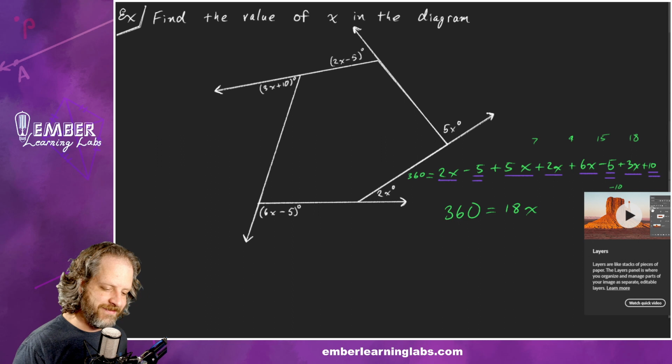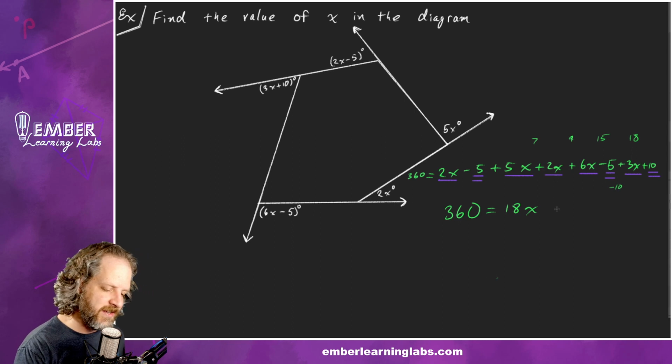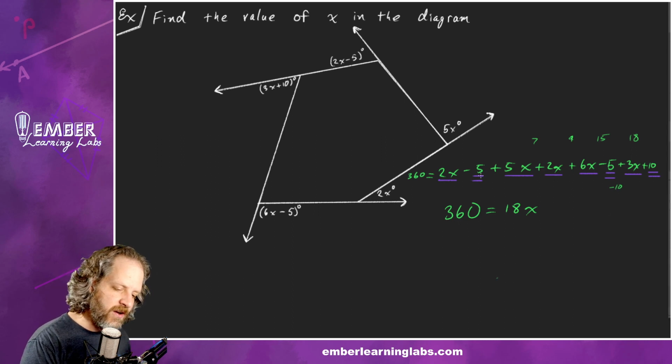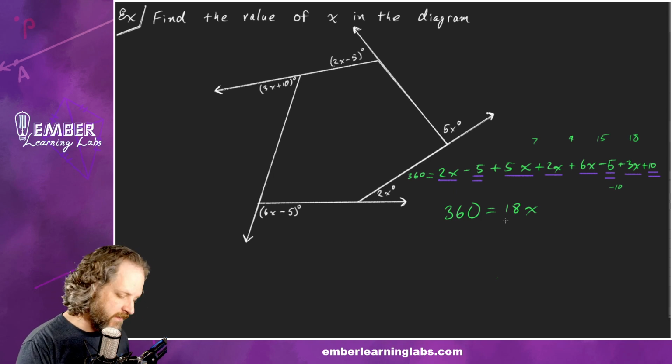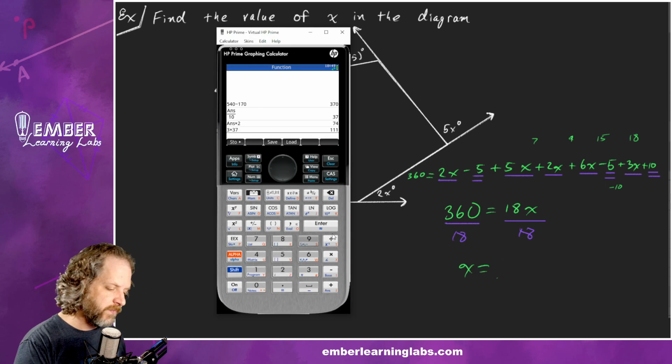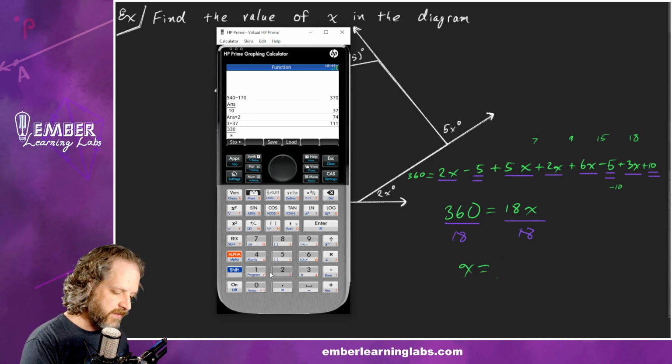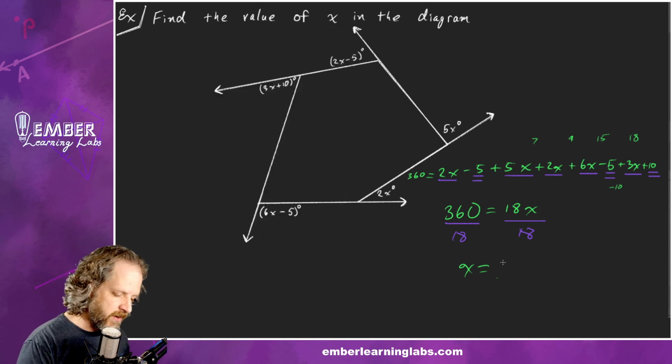Yay, it cancels. That's quite nice, isn't it? So all those non-x's cancel out. So we're going to divide this by 18 on both sides. And x is going to equal 360 divided by 18, which equals 20.